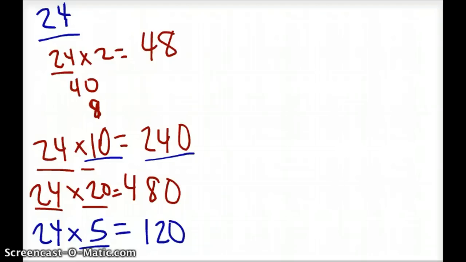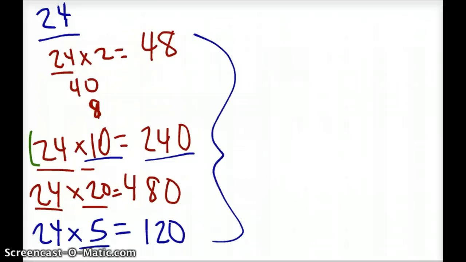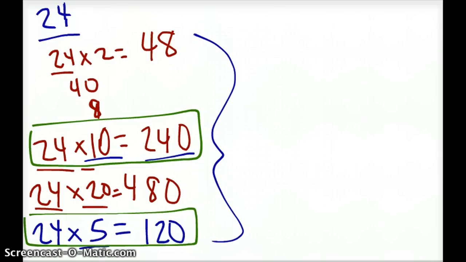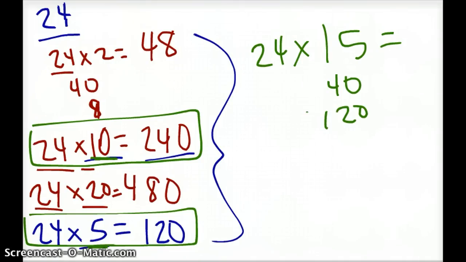Now, I'm going to use some of these equations that I have here to make some new equations. So first, I'm thinking I want to combine 24 times 10 and 24 times 5. That will give me the answer to 24 times 15. All I have to do is add 240 and 120.